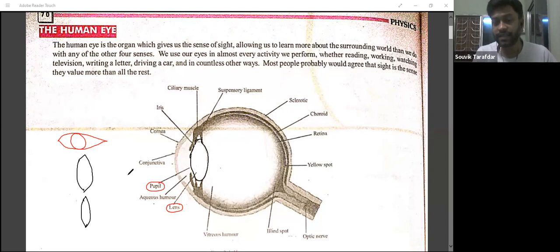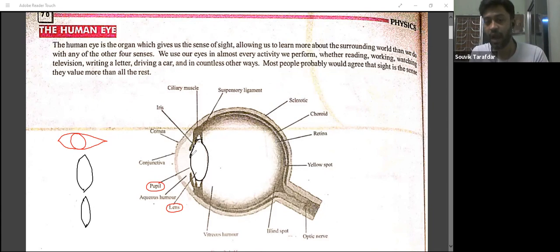Now when light rays come from far away, less convergence is needed. That's why the power is less, and at that time the lens is thin. And when we are reading a book, watching movies on a computer, or operating our mobile phone, since the objects are close, more convergence is needed, so power should be increased.